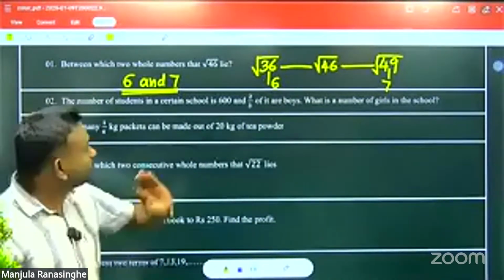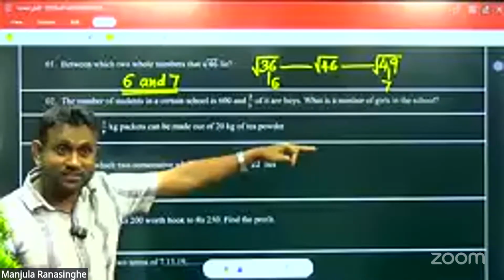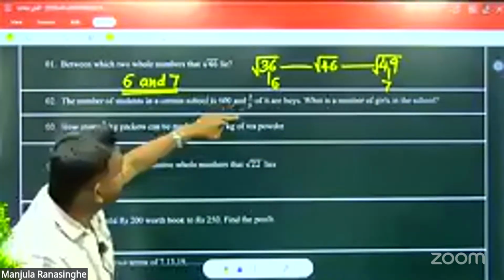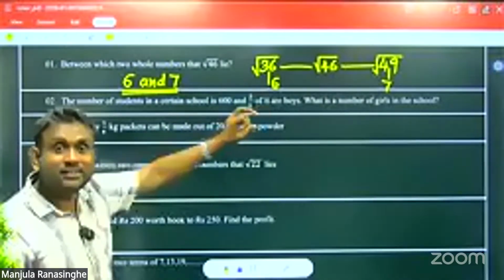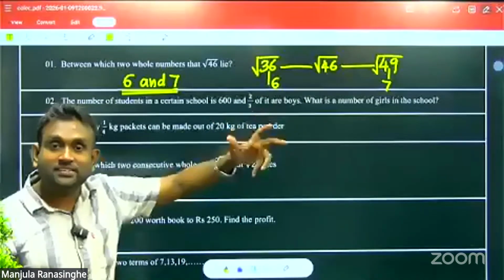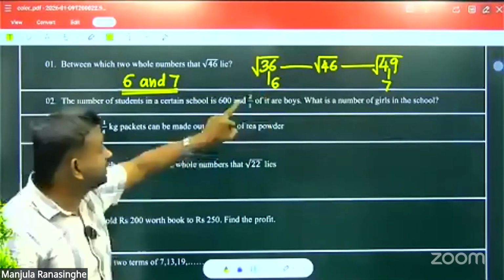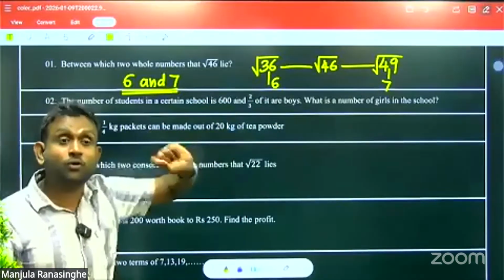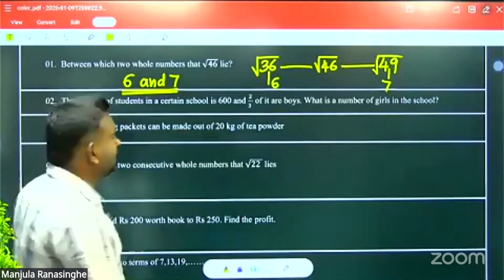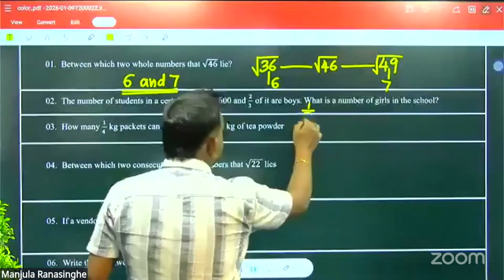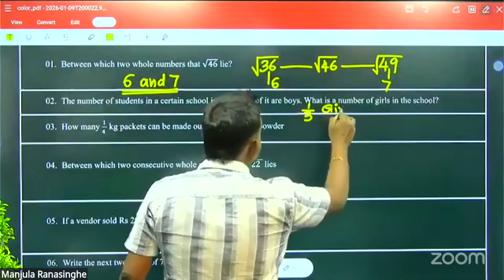From 3 parts, 2 parts are boys, so the girls are 1 part. So 1/3 is the girls' fraction.